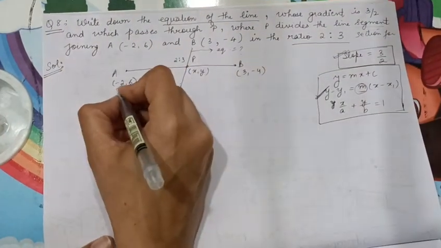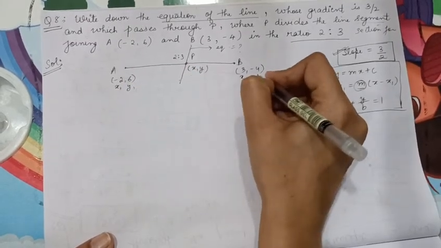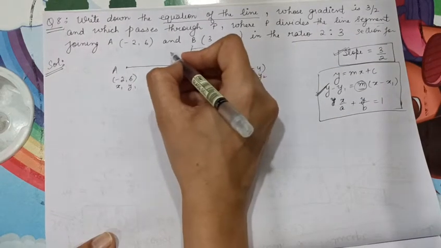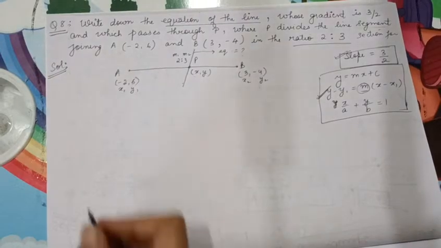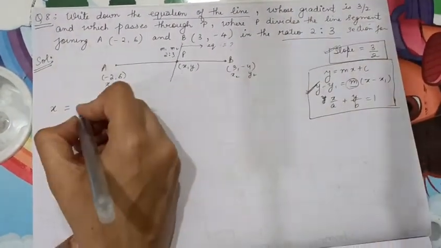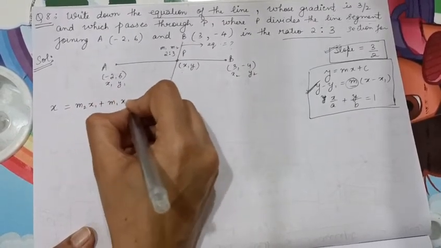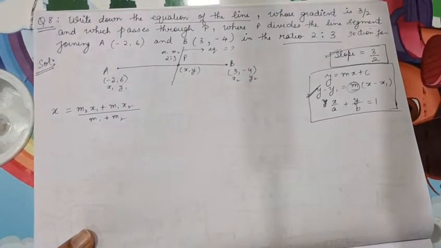Now I'll write the points as x1, y1 and x2, y2, and the point P as x, y, and the ratio is m1 is to m2. By the section formula, the x coordinate is (m2 x1 plus m1 x2) upon (m1 plus m2).